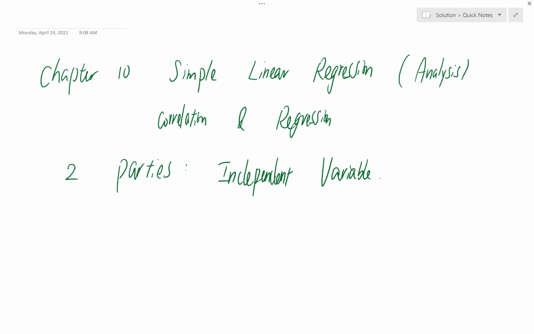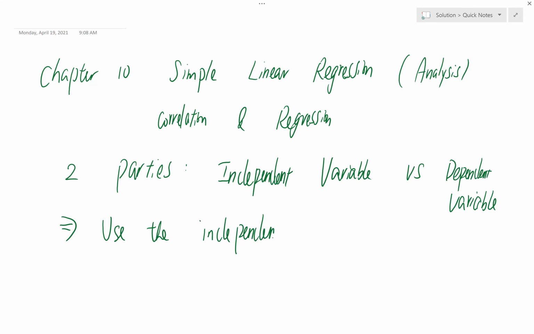Just like in any algebra course, right? You have two variables, independent versus dependent. We basically try to use the independent variable to make predictions about the dependent variable.